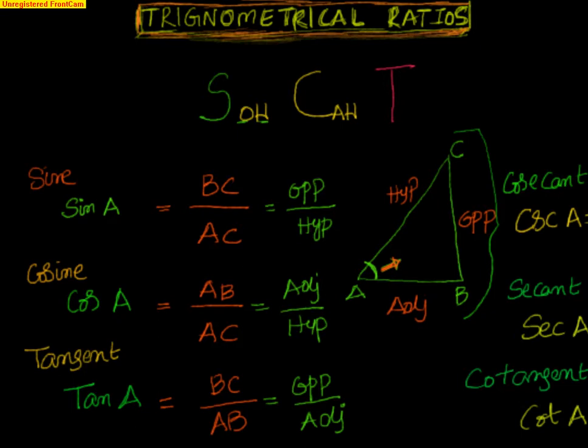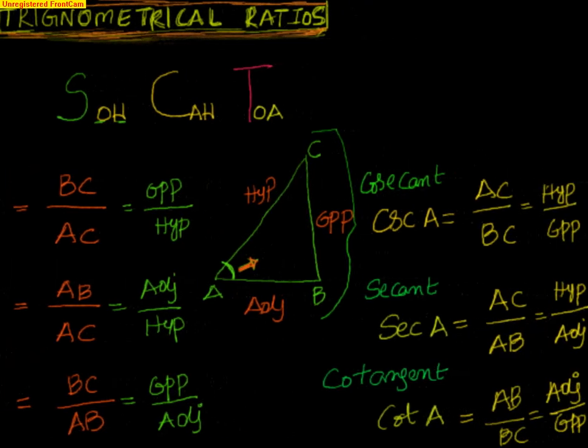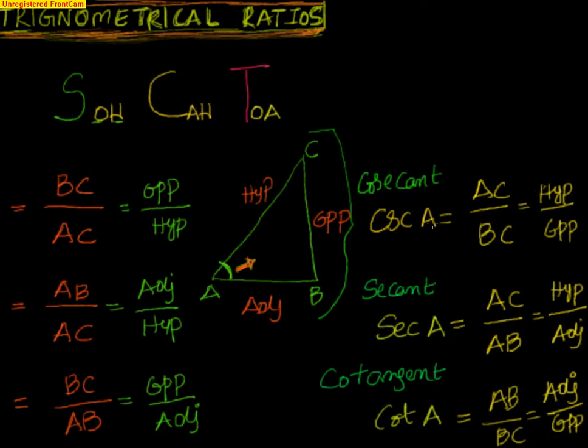What I should write there is opposite by adjacent. So cot is the other way over. Okay, now we are perfect. This is sine, this is cos, this is tan. If you just want the reverse of them, you have 3 more. They are nothing but cosecant, secant, cotangent.